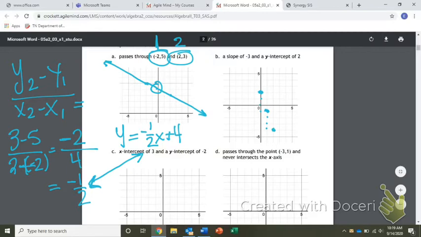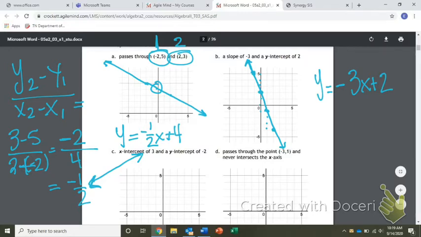Now, if I want to go up, I have to say 1, 2, 3 up to the left 1. So here's my line. So my equation is y equals negative 3x plus 2. Okay?